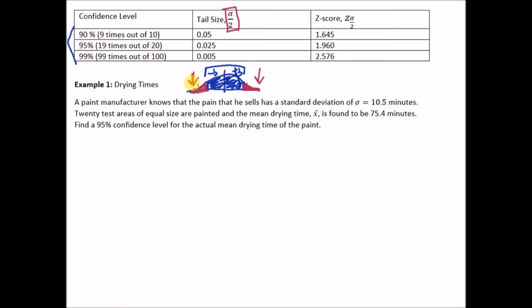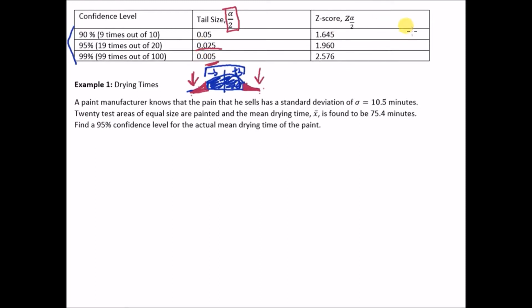So when we take the 5% and divide it into these two tails, we get 2.5% each. Again, 99 times out of 100 leaves 1%, divided into the two tails, which is 0.5%.